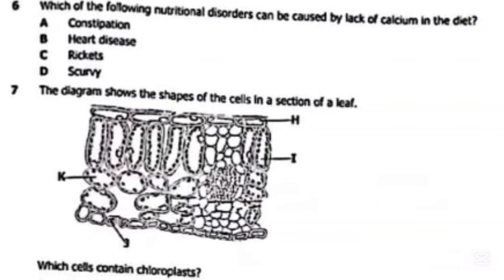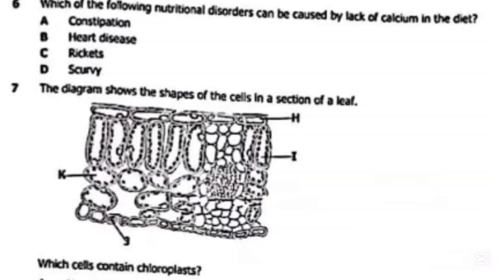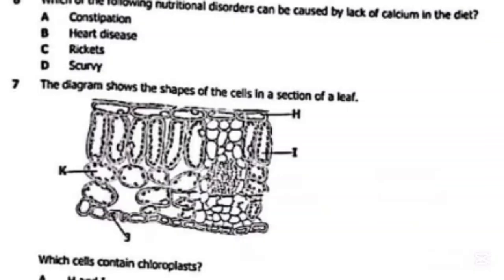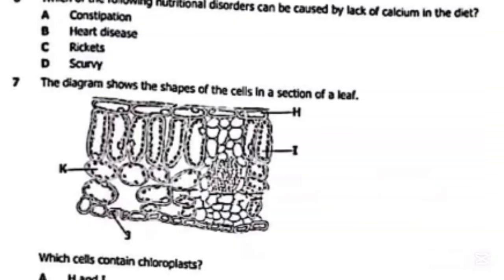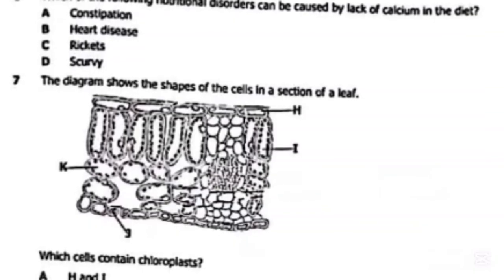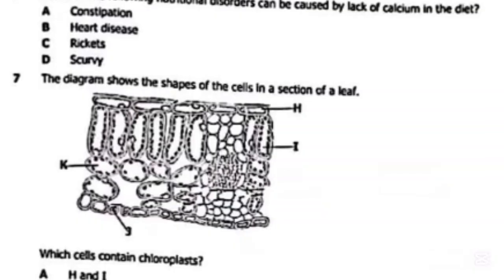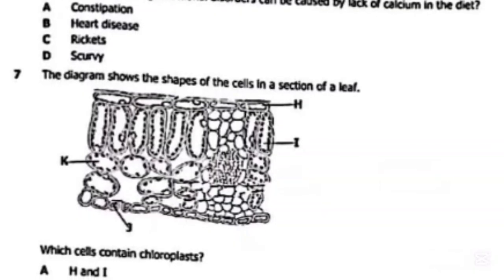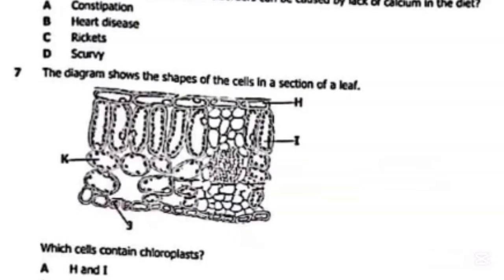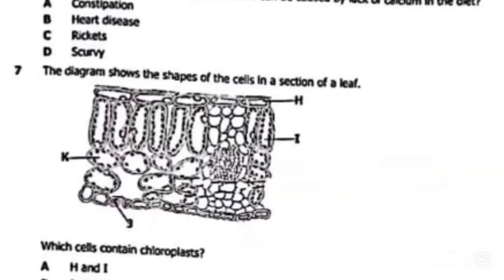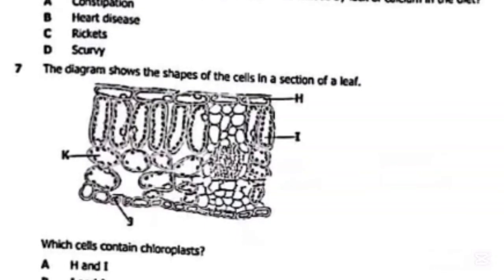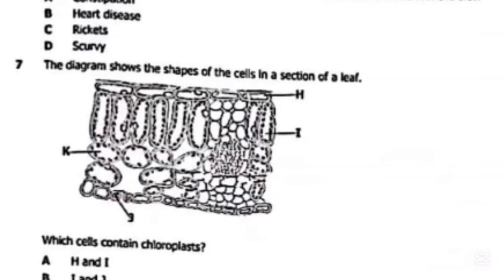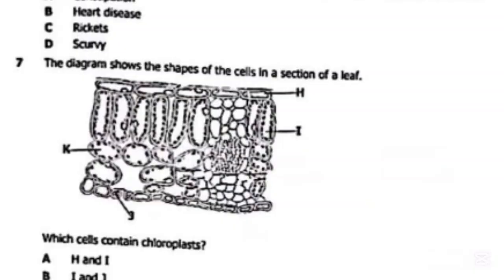If you remember, I told you that calcium is responsible for bone formation. So whenever you lack calcium, just think of a condition which involves the bones. On our options we have A, constipation, B, heart disease, C, rickets, D, scurvy. Scurvy is a vitamin C deficiency disease, so D is wrong.